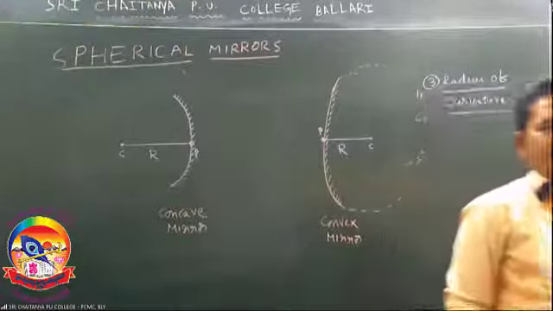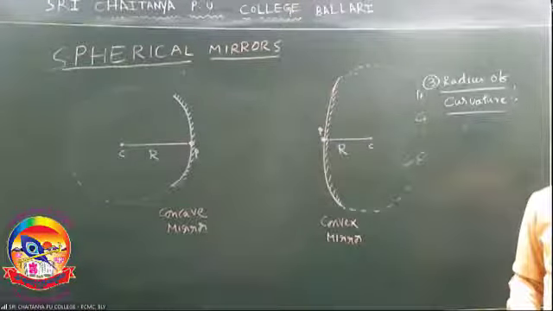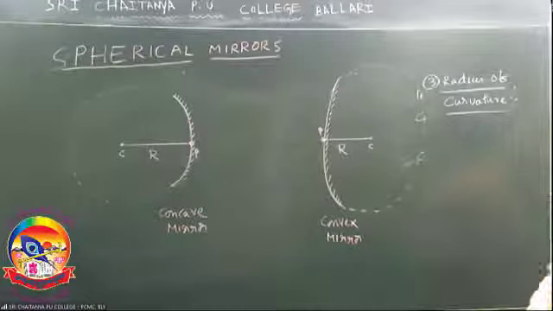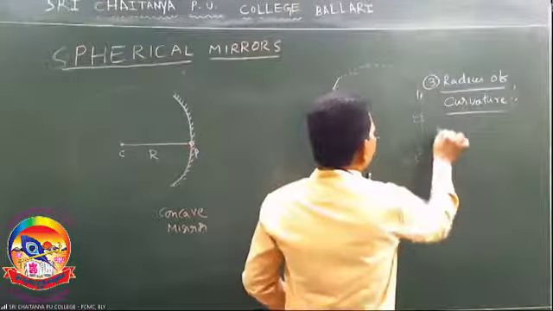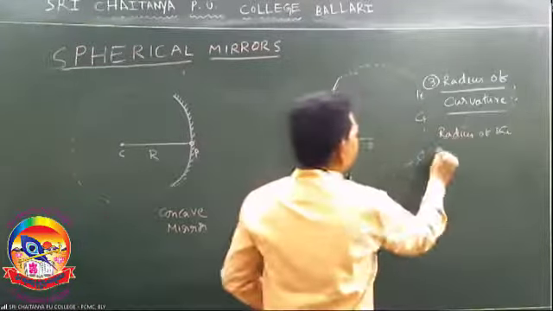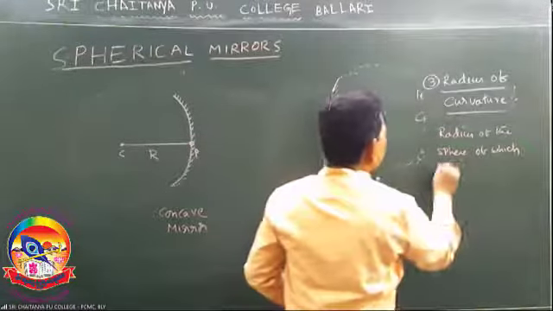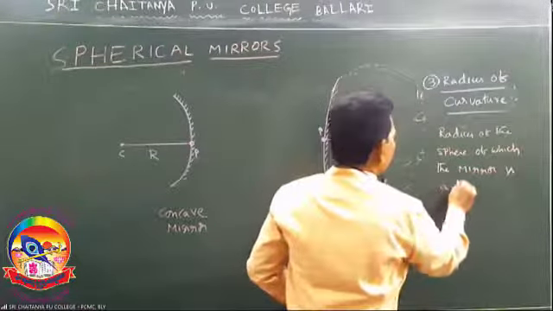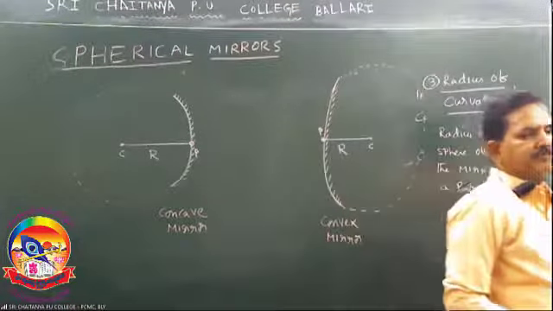Generally, we will say the distance between the pole of the mirror to the center of curvature is measured as the radius of curvature. So how to define the radius of curvature? The radius of the sphere of which the mirror is a part is called radius of curvature.